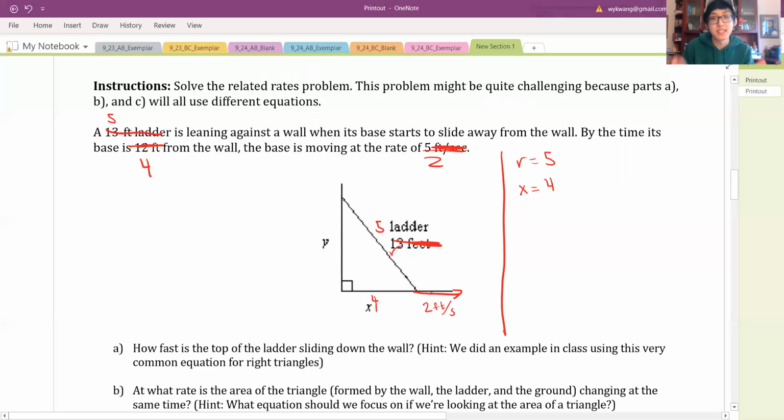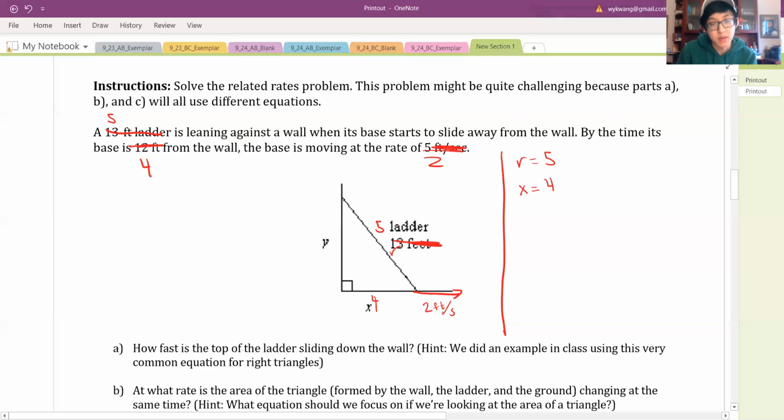All we know is that at this exact moment, when the base hits 4 feet, the ladder is sliding away at 2 feet per second. What we actually know is just what the ladder is doing at this exact moment in time.